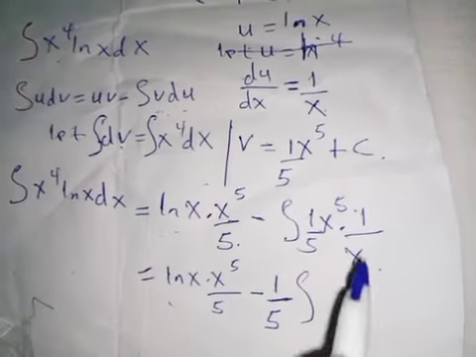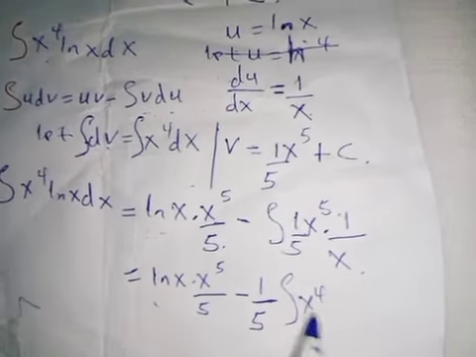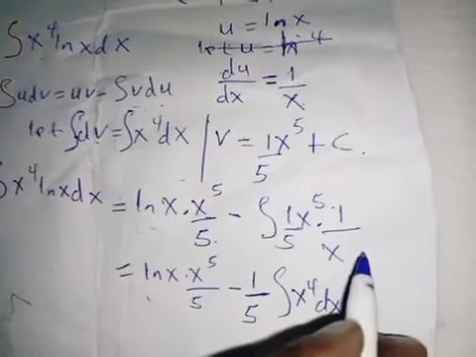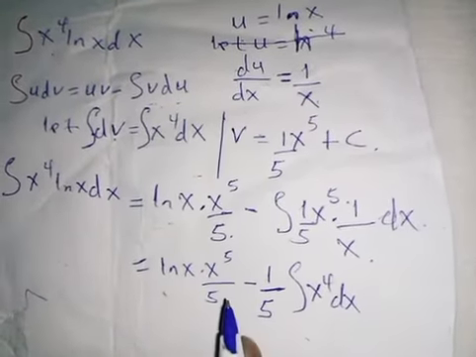In the integral, the x will cancel and we are going to get x power 4 dx. Note here there is a dx.